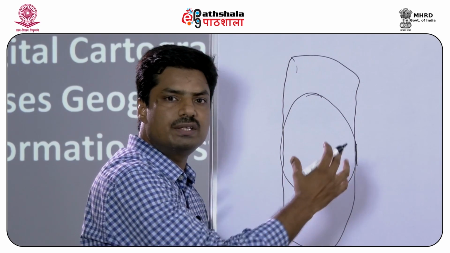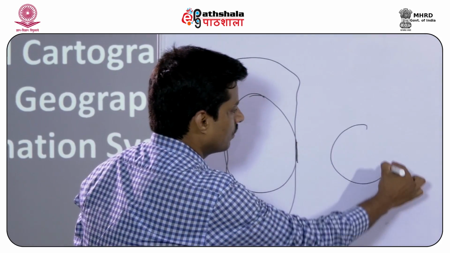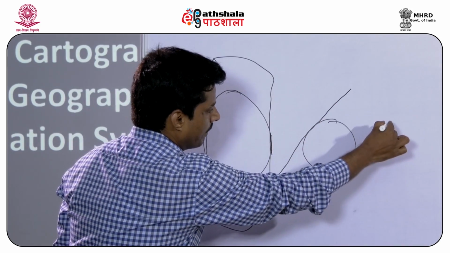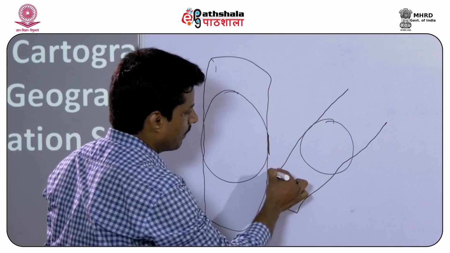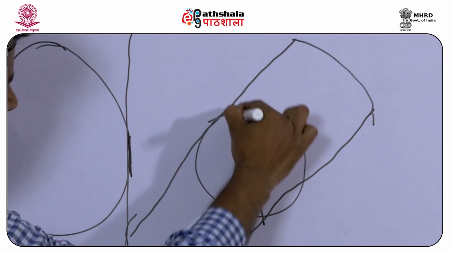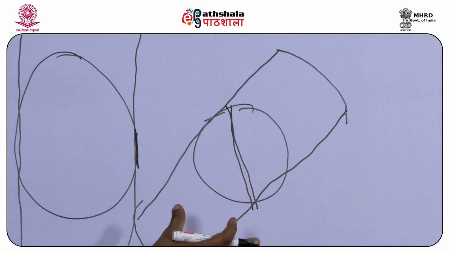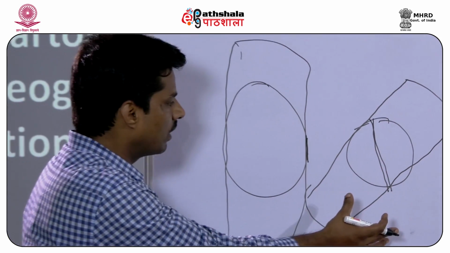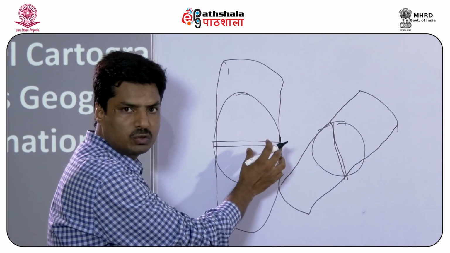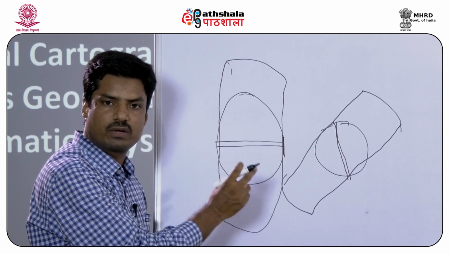But when we transverse it in a form like this, look at this map. Here we transverse the cylinder. Earlier it was parallel to the equator or the latitudes, and the area which was true to scale was quite near the equator.